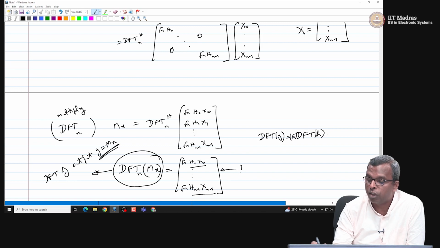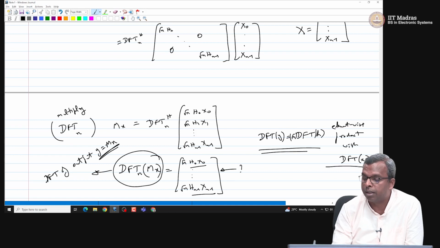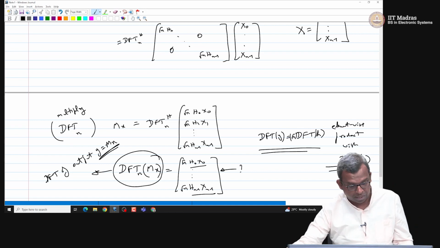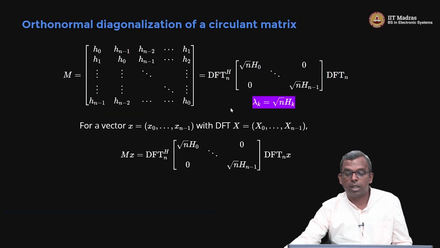root n into DFT of h, element-wise product with DFT of x. This is the big result that you have for multiplication in terms of the Fourier basis.